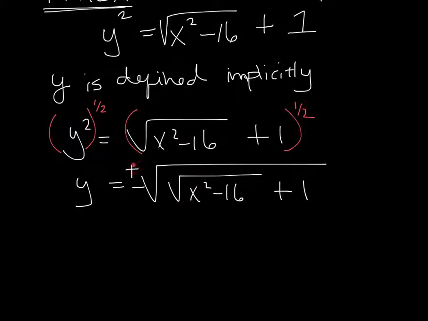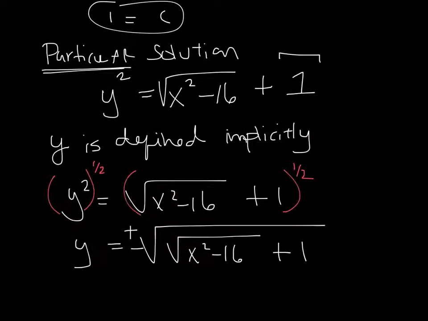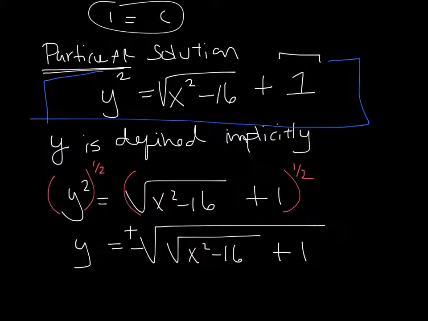The positive value is going to be a curve above the x-axis, and the negative value is going to be below the x-axis. But the book writes it like this, and this is fine, because it's defined implicitly, you can't really do anything else.